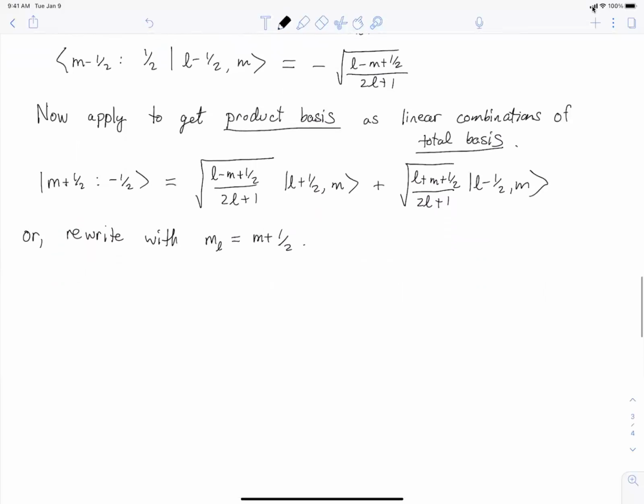The idea there is that what we really want is, we're given a product basis state with known m1 and m2 quantum numbers, namely their m sub L and the spin, in this case, the down spin. And so what I should do is now just use this relation everywhere on the right-hand side to be consistent. And so this turns out to be the square root of (L minus m sub L plus 1) over (2L plus 1).